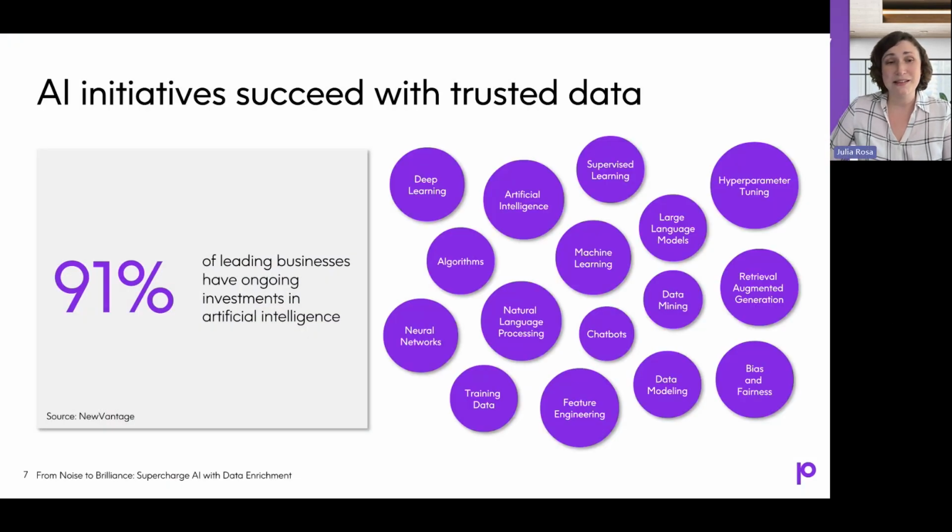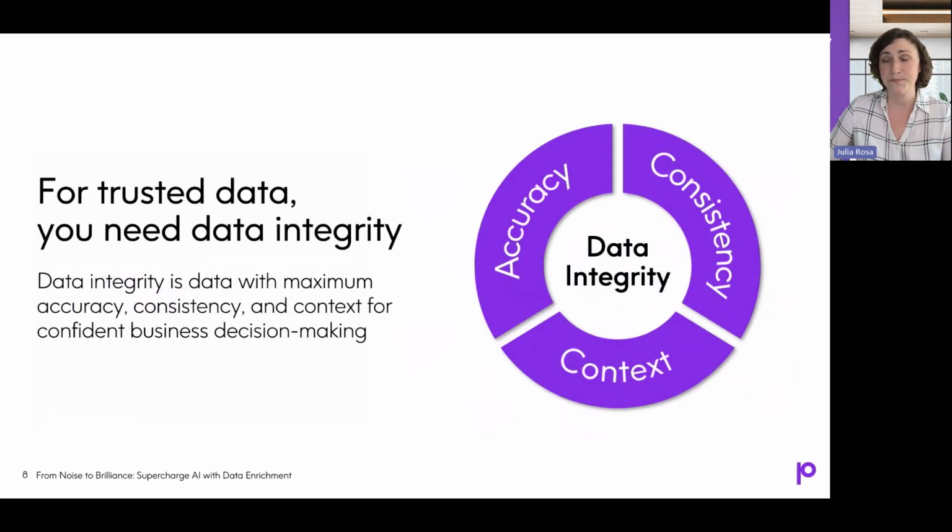But with trusted data, your initiative and any initiative can really succeed. Organizations like yours are implementing initiatives to meet today's business challenges all across the business. Again, 91% of leading businesses have ongoing investments in artificial intelligence, from deep learning and chatbots to data mining. AI is becoming so prevalent across so many different aspects of our world. So with trusted data, these initiatives can really succeed.